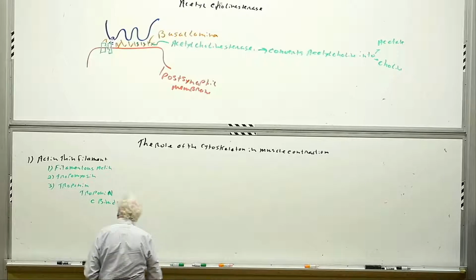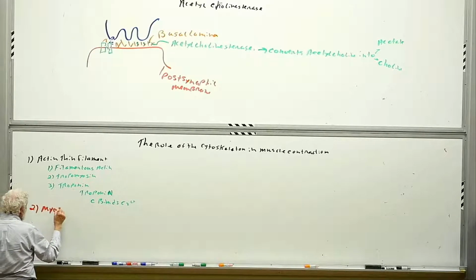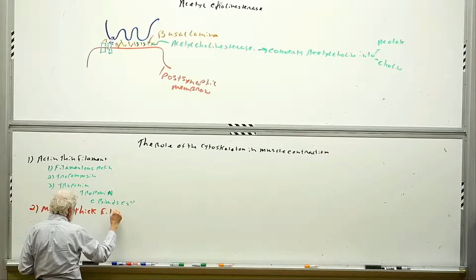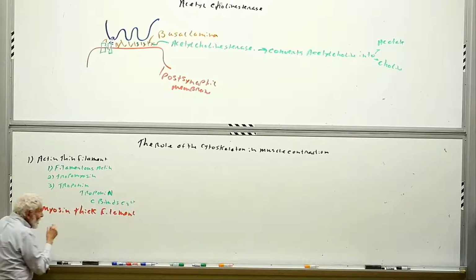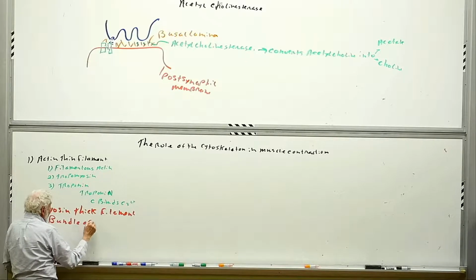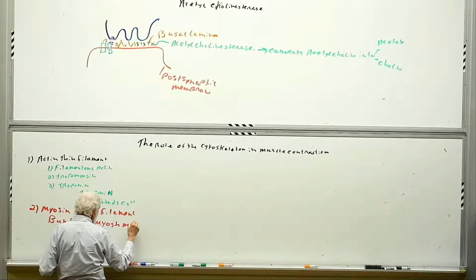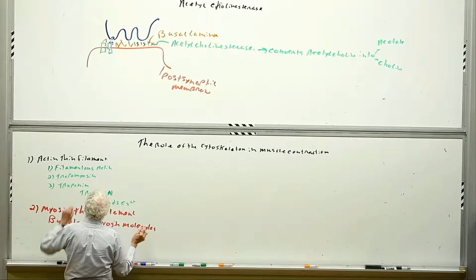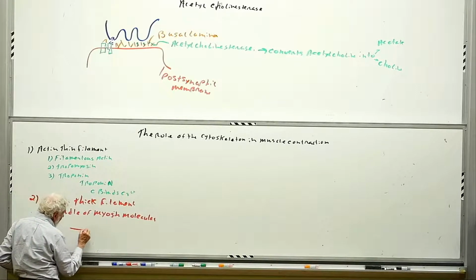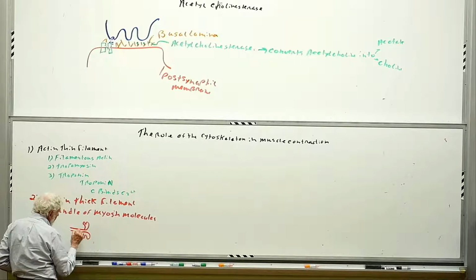The next player here is going to be something known as the myosin thick filament. Now, myosin thick filament is a bundle of myosin molecules. And typically what you'll see in this bundle of myosin molecules is that their tails are all bundled together, but their heads are sticking out.